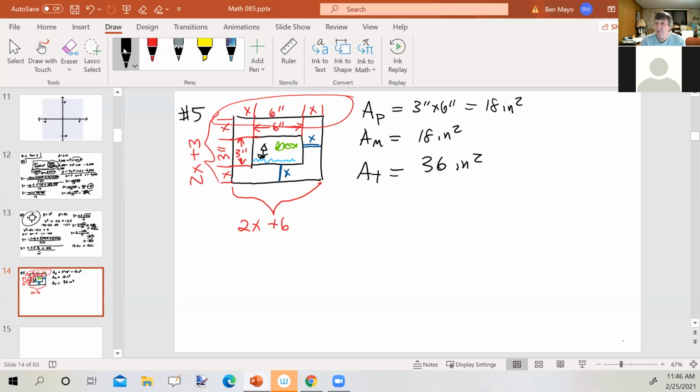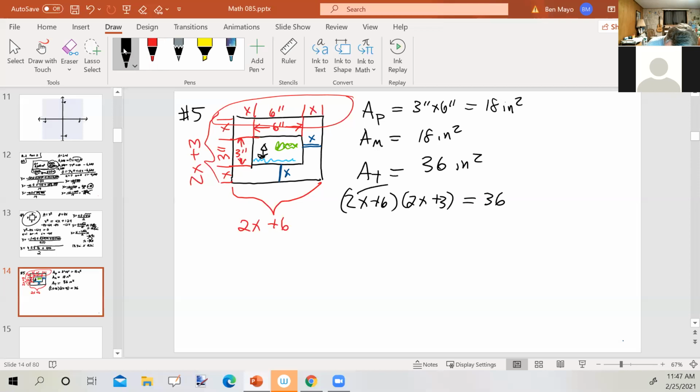So using the fact that the length times the width equals the area, we have this, 2x plus 6 times 2x plus 3 equals 36.